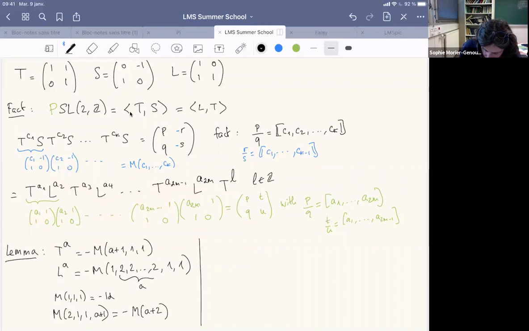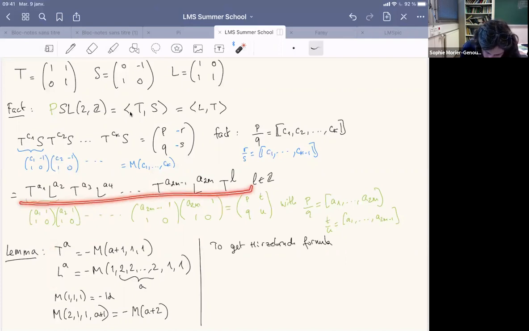And so the formula, here's the formula. You just need to make this change in this product. You're going to try to rewrite this product as a matrix M of something, so you just have to concatenate.